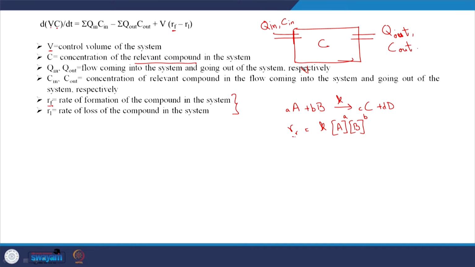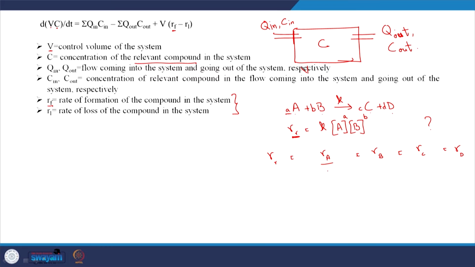As I mentioned, this is the rate of the reaction, but how do we relate rate of the reaction to the individual rates of the formation or loss of the compounds here? For example, rate of reaction is what I have, and I want to be able to relate that to rate of loss of A, or increase or formation of B, or C, or D. How do I do that? So, that is by using the stoichiometric coefficients.